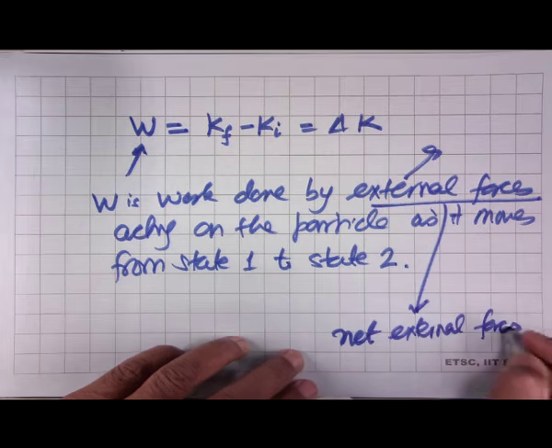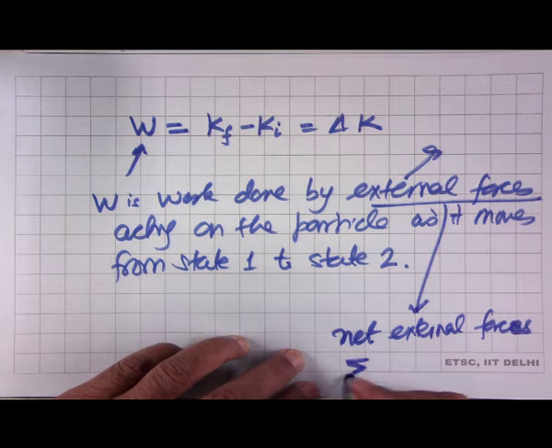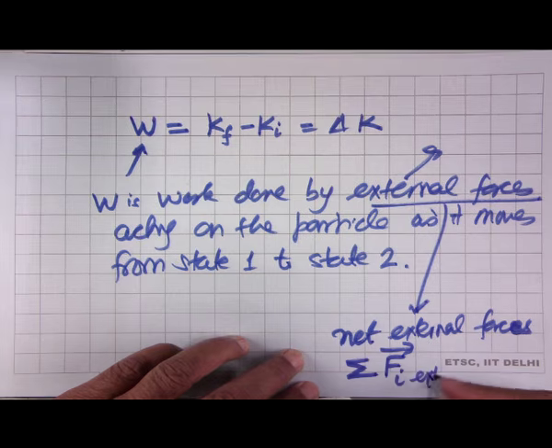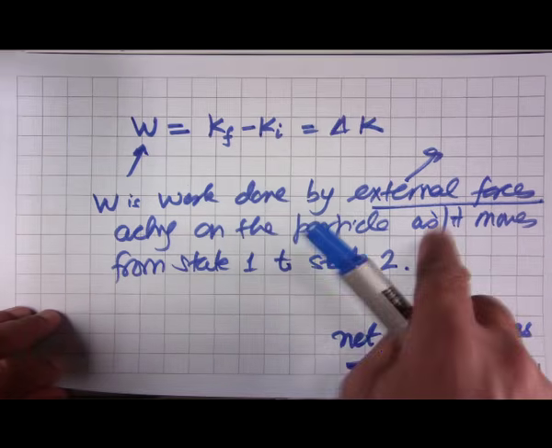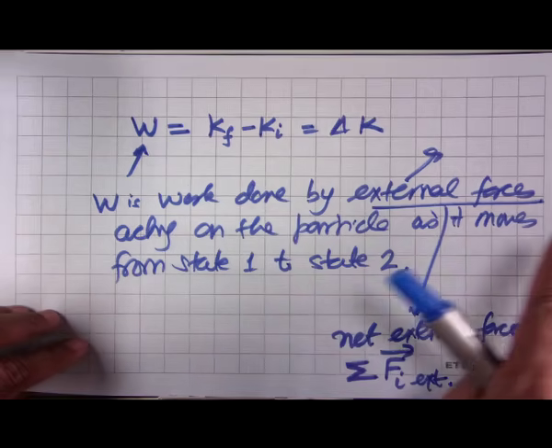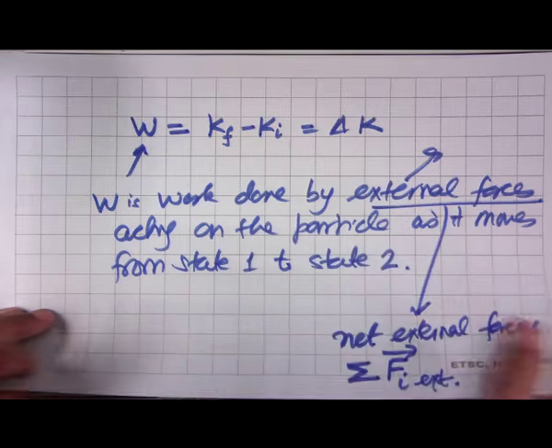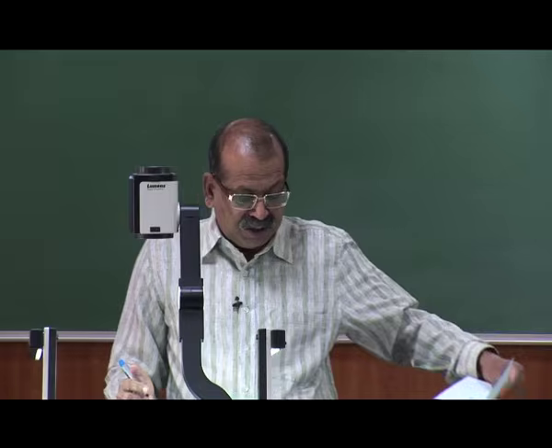We can write them as the sum of all the individual external forces. We calculate the work done by each of them, add up all these work done, and this must be equal to the change in kinetic energy.